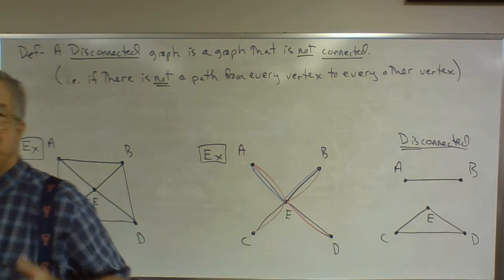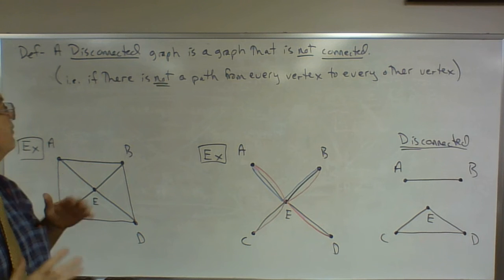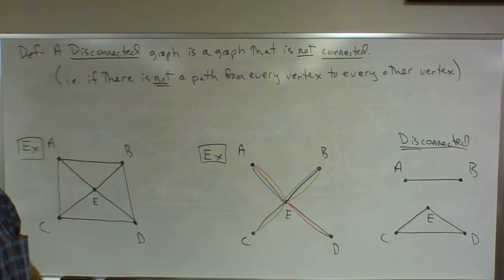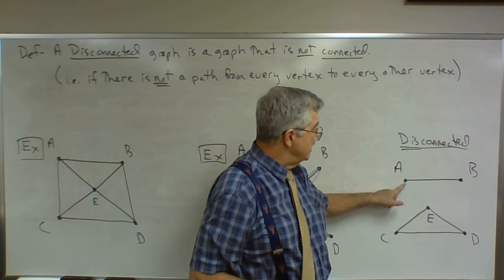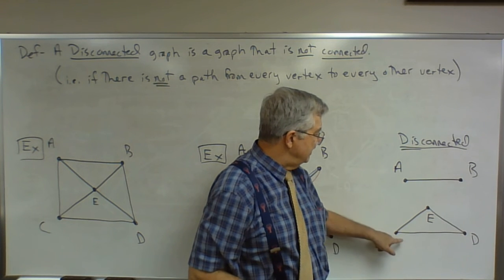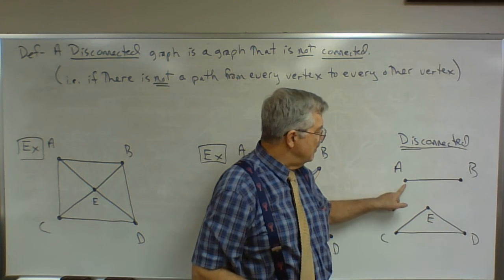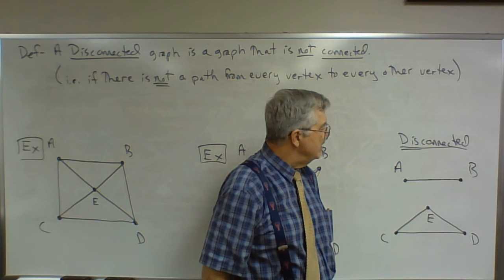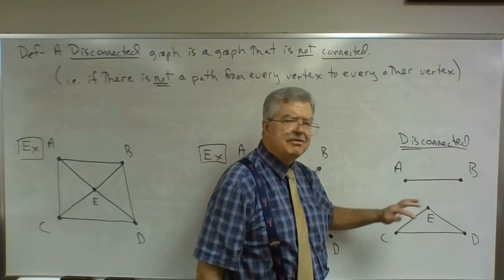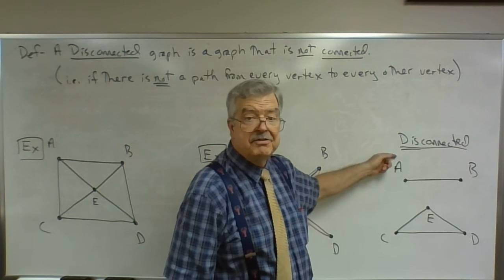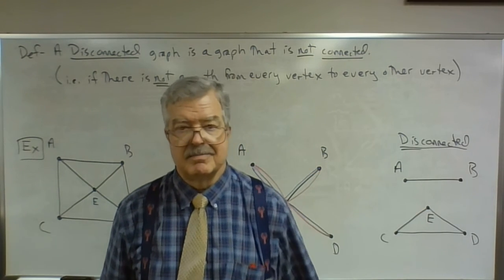And here, there's not a path going from vertex A to C or a path going from vertex A to B. There's not a path going from vertex B to vertex E and so forth. This graph is disconnected.